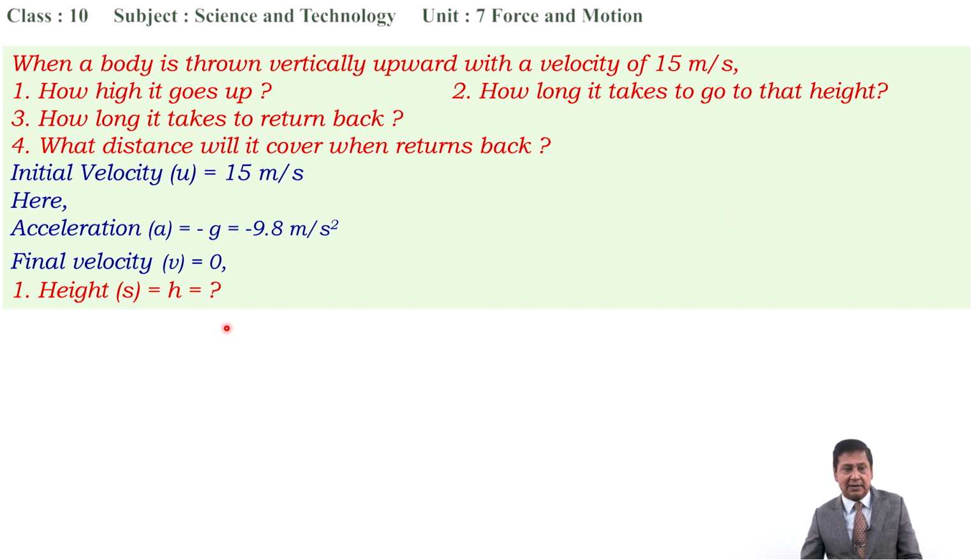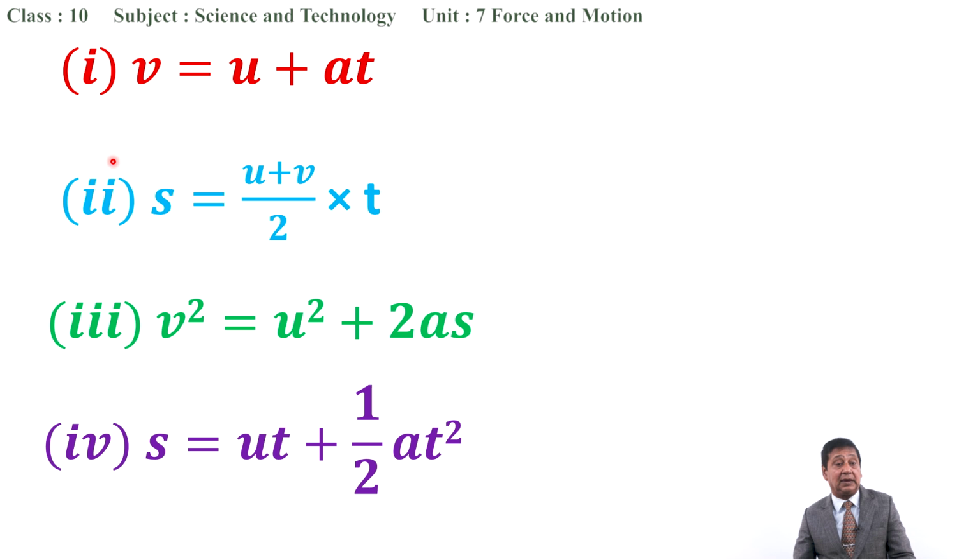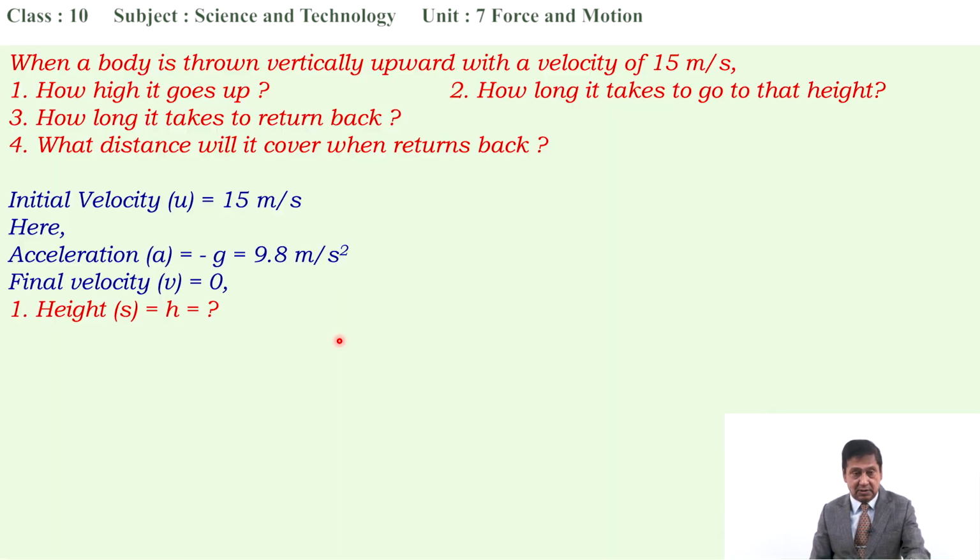Now how to calculate? u, a, v, s. We have to look for these symbols in the equations. Among these equations, in one u and a are present but v and s are missing. In another, u, a, v, s all are present here. That's why using this equation we can solve this numerical problem. We have v square equal to u square plus 2as.